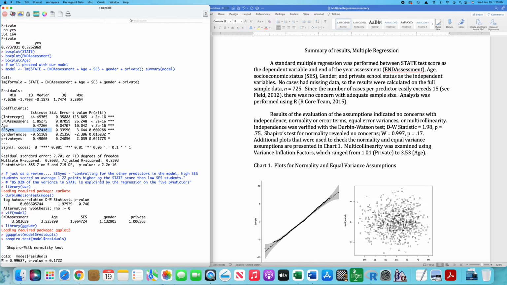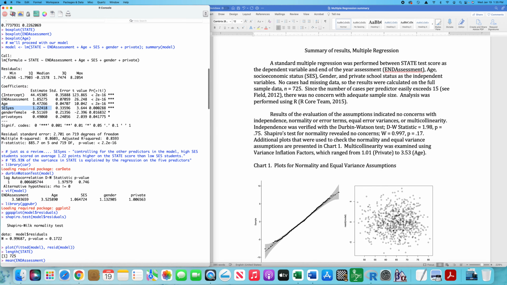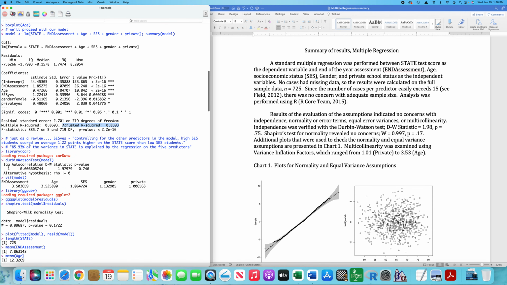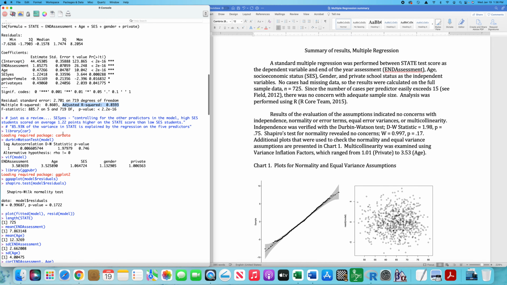The next thing I would want to interpret is the adjusted R squared. Remember, we have tunnel vision on the adjusted R squared when we have multiple predictors. So we would say that 85.9% of the variance in state is explained by the regression on the 5 predictors.